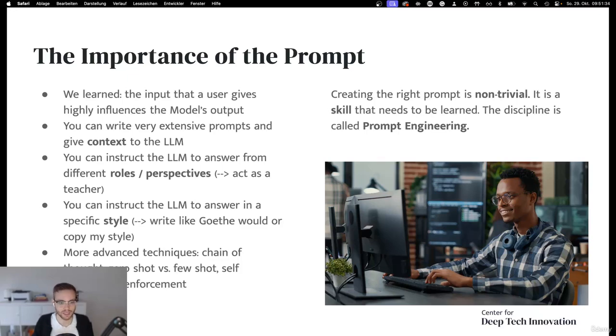That all means that what you put in as an instruction for a large language model determines very closely what the output is going to be and the quality of the output. And that means the prompt that you write here is very important. So we can do quite a lot with prompt engineering.